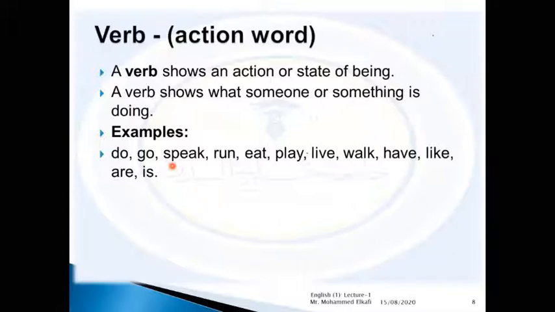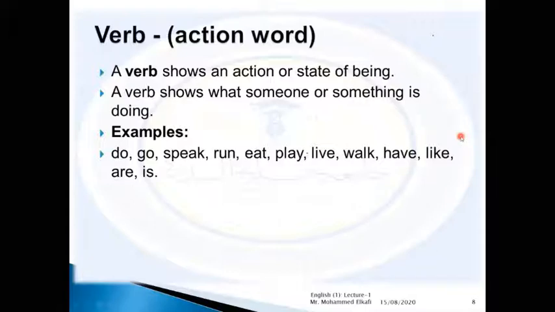For example, for regular verbs we have play, played, the past of it. We add ed, so it's a regular verb. Live, lived, also add ed. Walk, walked, with adding ed. Like, liked, with adding ed.